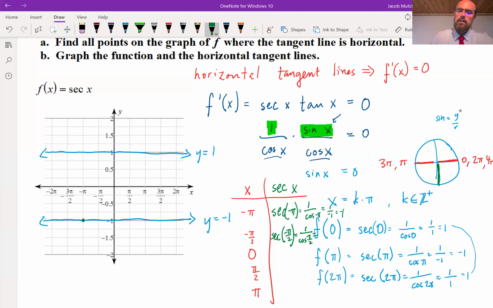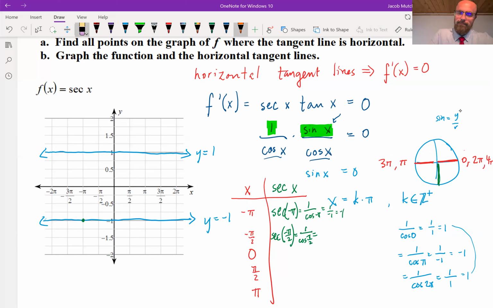So that's going to simplify down to 1 divided by 0, which is undefined. Anytime we see that undefined in a trigonometric situation, it basically tells me there's a vertical asymptote.